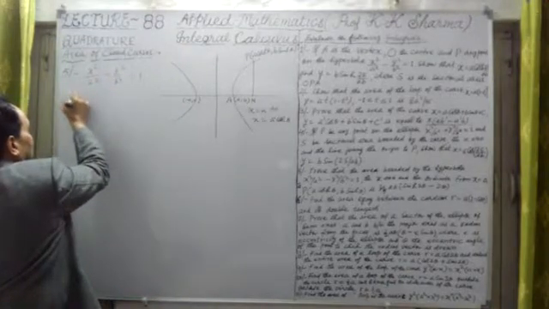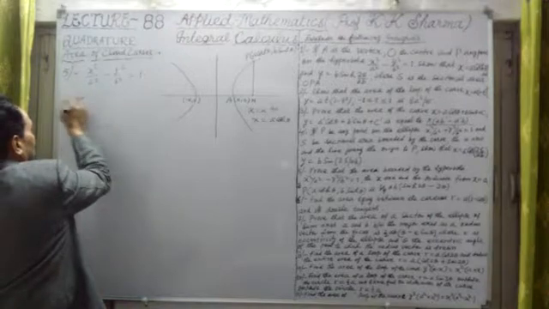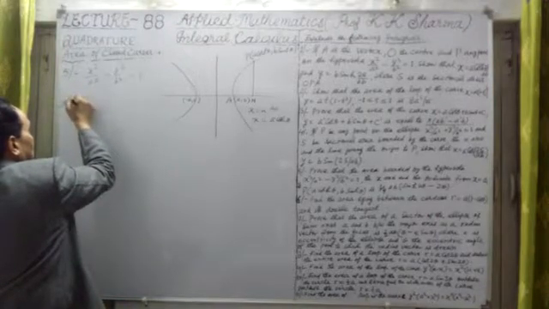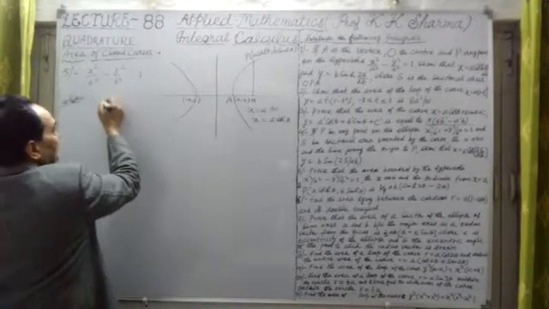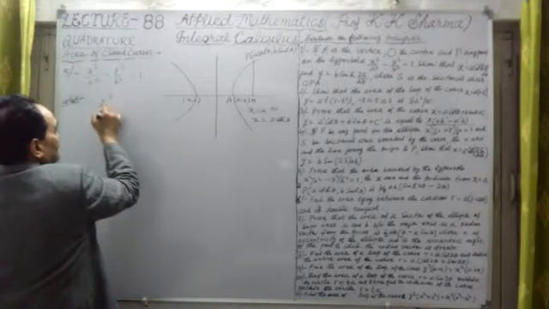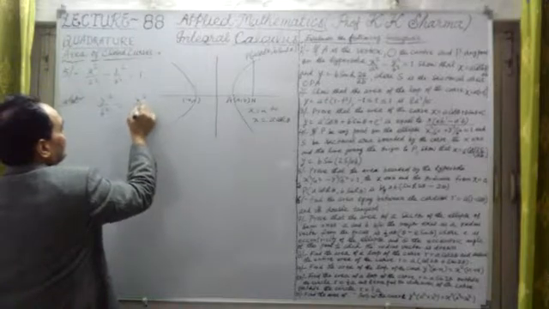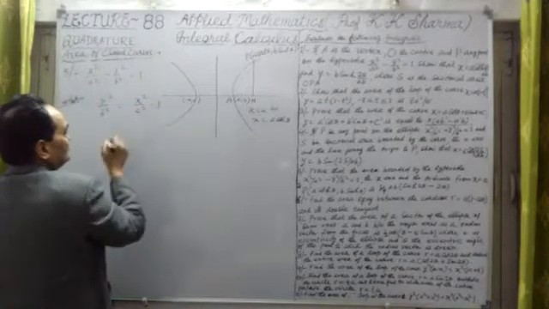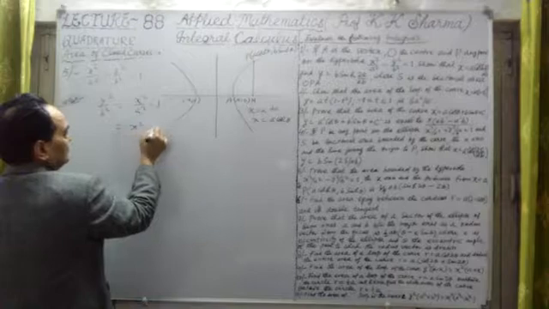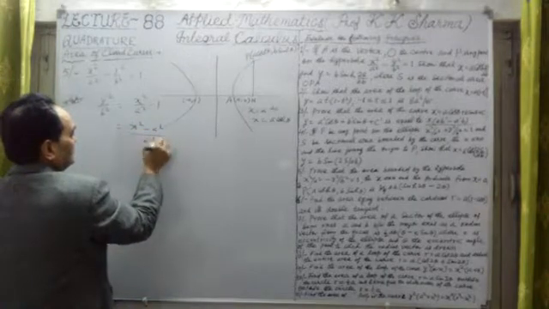So let me solve this. We have to prove the area between this. So let me find y. y square upon b square is equal to x square upon a square minus 1, which is nothing but (x square minus a square) upon a square.